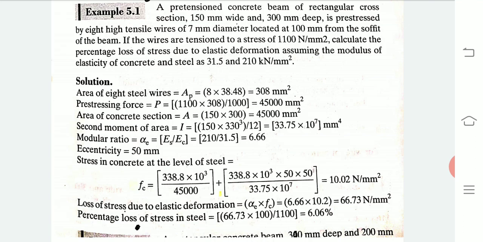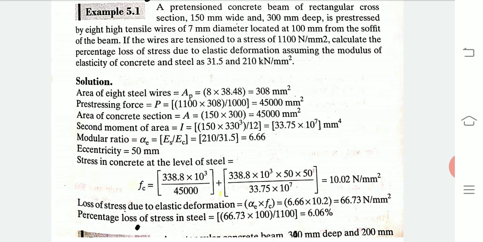So let's start with the example. Firstly, let us find the total area of all the wires, that is pi by 4 into 7 square, which is the diameter of one wire, into 8, which is the number of wires. We get that as 308 mm square. Now as stress is given, we need to find the pre-stressing force.